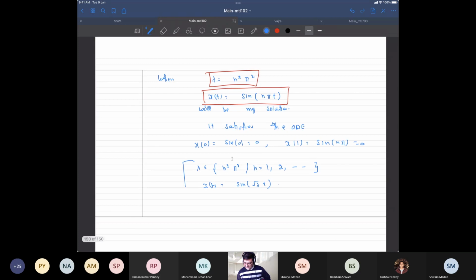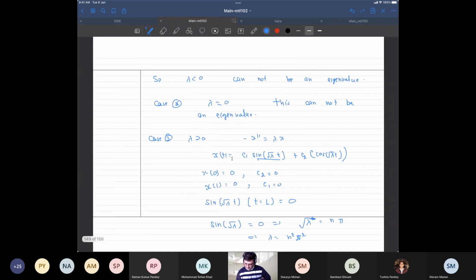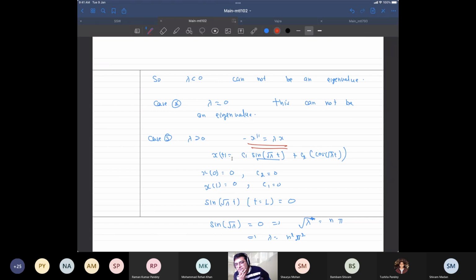So this is my solution to the eigenvalue problem. I have eigenvalue and eigenvector. Is this fine with all of you? That only when lambda is positive I have the eigenvalues.